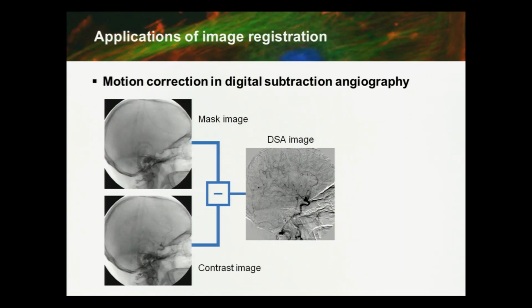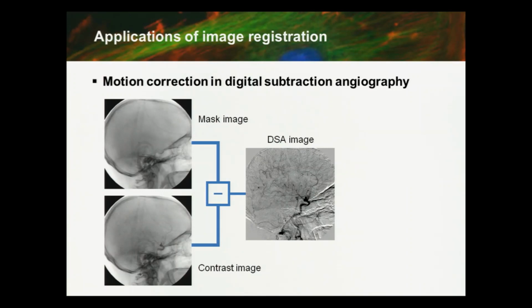That is, if the patient didn't move. Usually, especially when the contrast comes in, there's kind of a shock reaction. The patient moves and you get a misalignment between the two images. And you get these kinds of artifacts that may really interfere with the diagnosis or with the assessment of the blood vessels, of diameters, if there's a narrowing, stenosis or aneurysm.